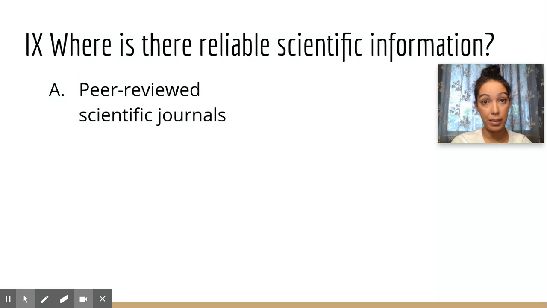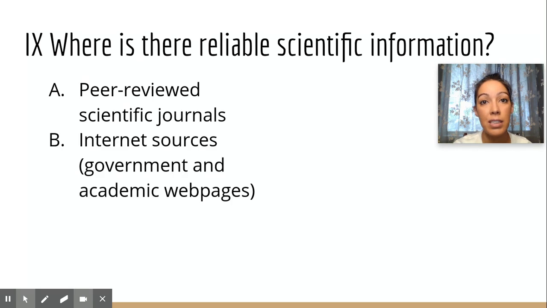And then they published all of their data. Then other scientists all over the world reviewed the information and said, yes, this is valid. For something to be considered peer-reviewed, it has to go through a ton of steps. So peer-reviewed journals are your number one most reliable scientific information that you can find.